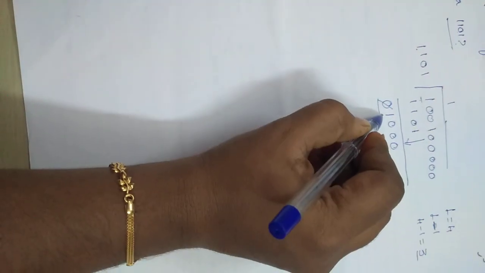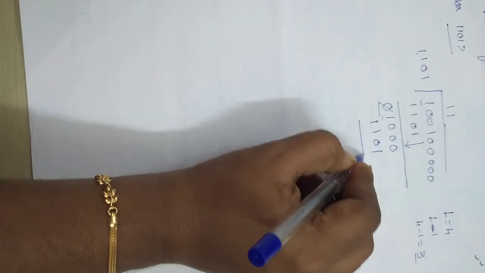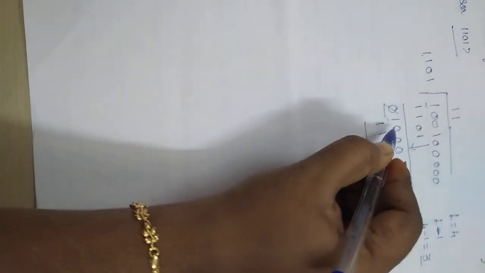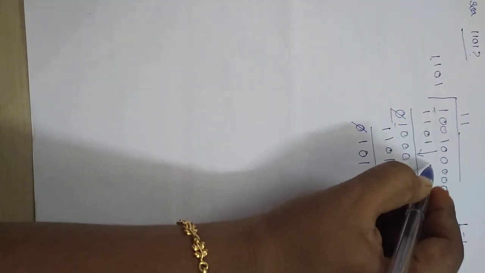First check the leading bit, which is 1, so we put a 1 in the quotient, with divisor 1101. Now perform the XOR operation: 0 1 gives 1, 0 0 gives 0, 0 1 gives 1, and 0 0 gives 0. We omit the leading part. Then again we drop down the 0.